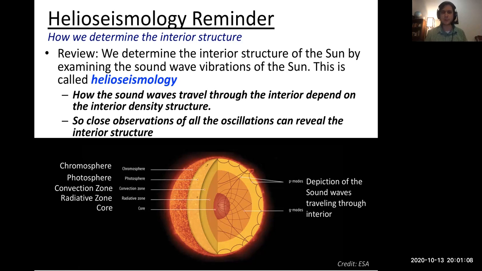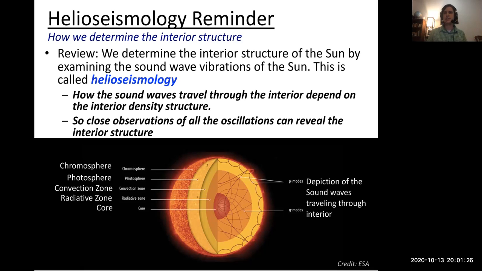Sure, there's a lot of fancy work and a lot of cool mathematics and physics that goes into actually looking at the pattern of these density waves, how the sun is ringing like a bell, and turning that into the interior density structure. But we can do that. And that field of study is called helioseismology.